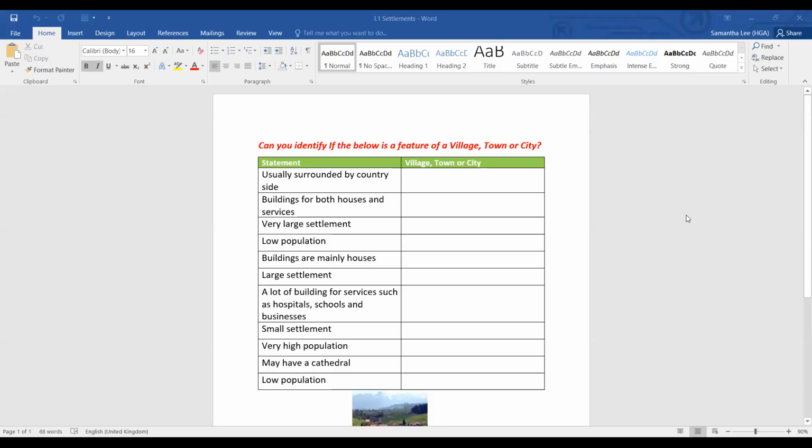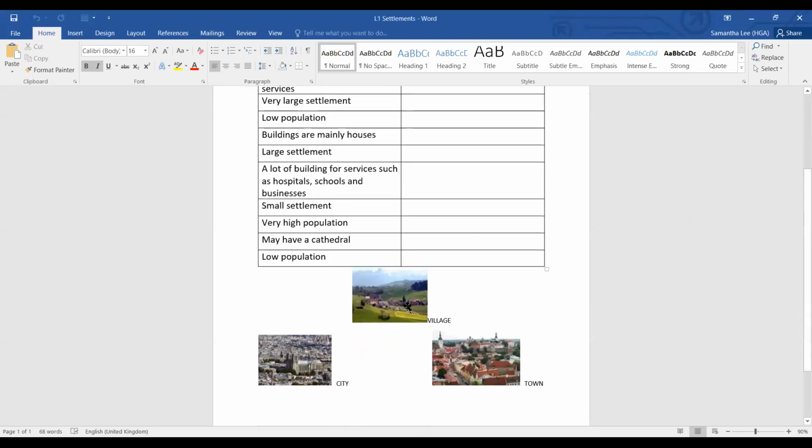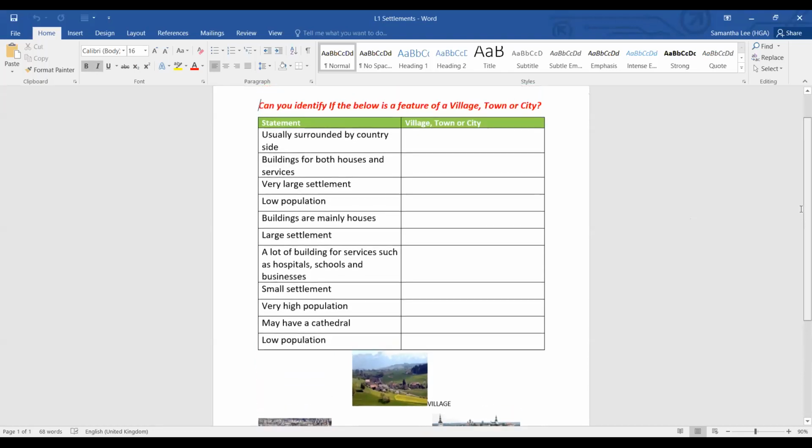which looks like this. So you've got a statement. The first one says, usually surrounded by countryside. Now you need to decide and identify if that statement is a feature of a village, a town, or a city. There are some clues, some pictures underneath to remind you about some of the differences between them.